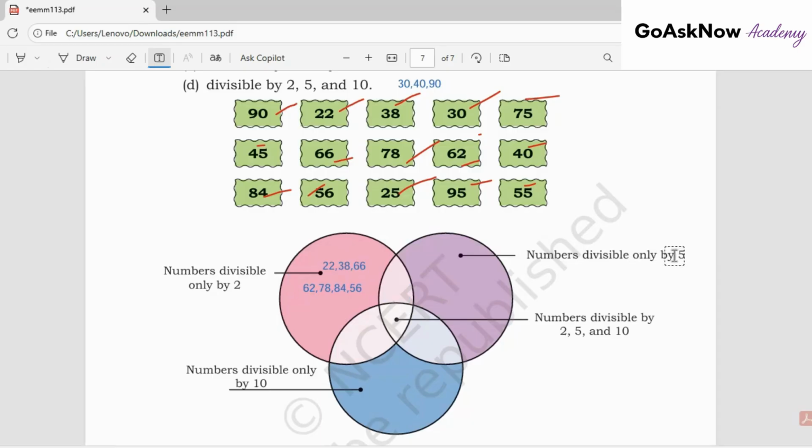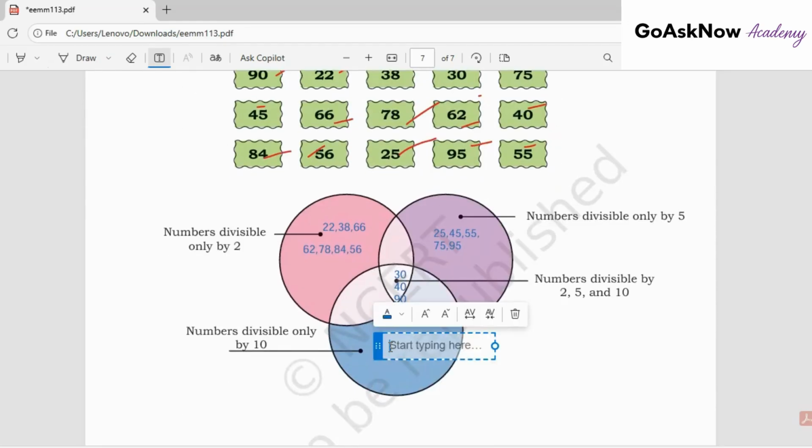Next, numbers divisible by 5 only: 25, 45, 55, 75, 95. Next, numbers divisible by 2, 5, 10: 30, 40, 90. Numbers divisible by 10 only: none.